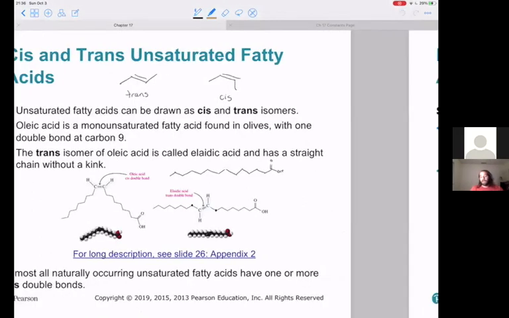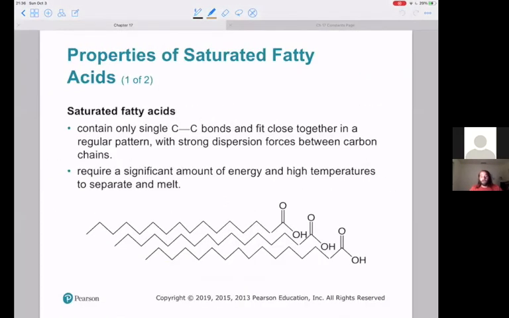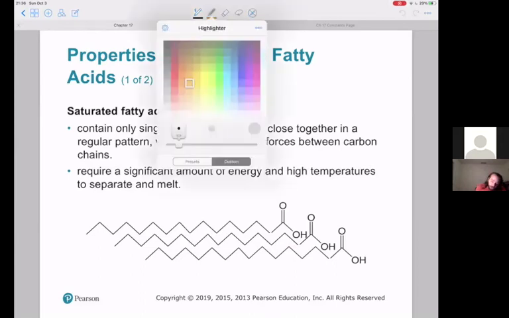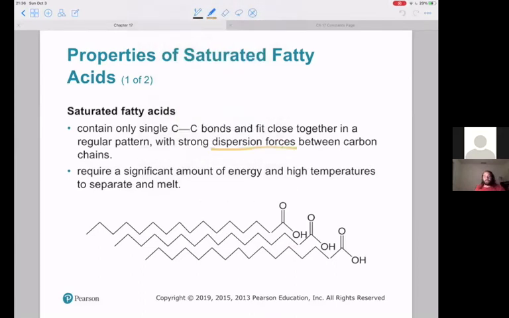This has a big effect on the melting point, okay? Because the melting point is all about how much those chains can pack together, right? So for a saturated fatty acid, because there are no degrees of unsaturation, those chains can pack together really, really highly, and thus they form strong intermolecular forces, what are called dispersion forces.